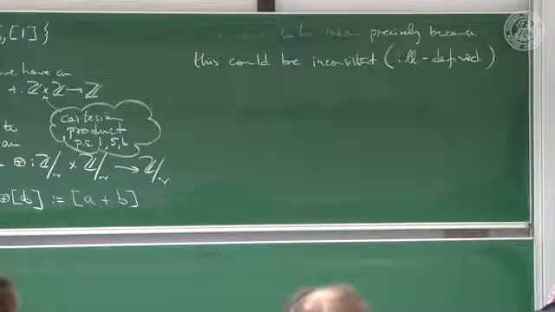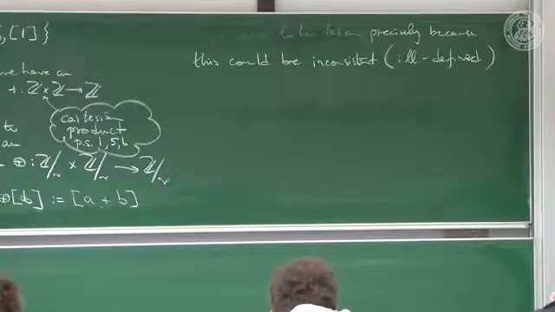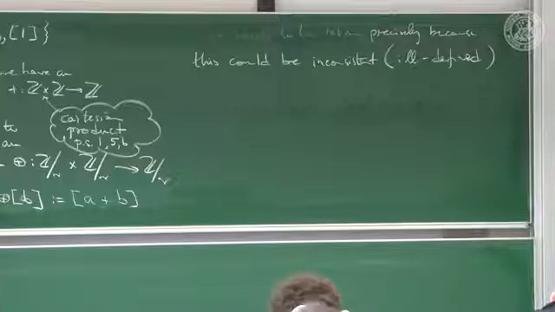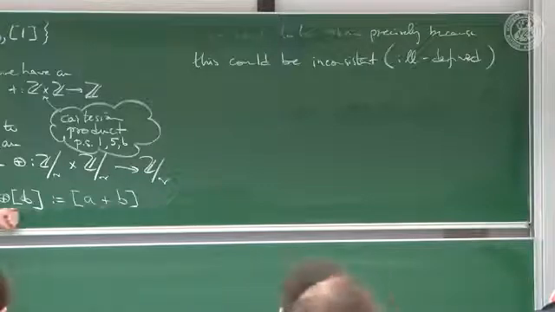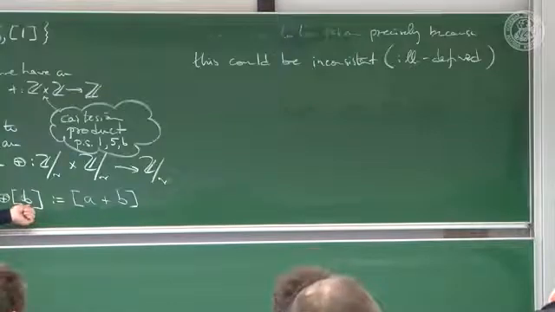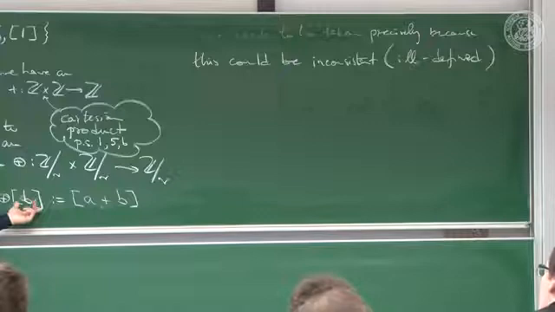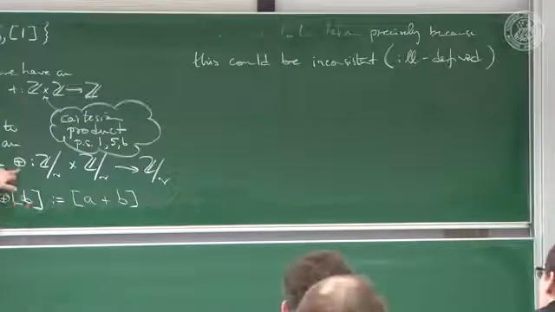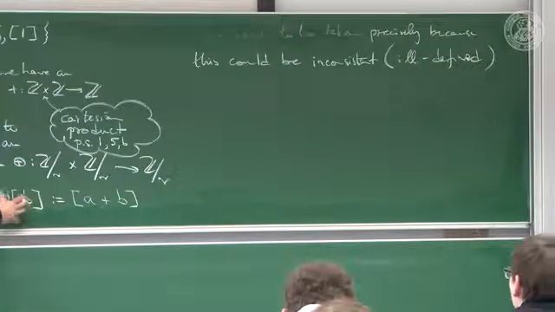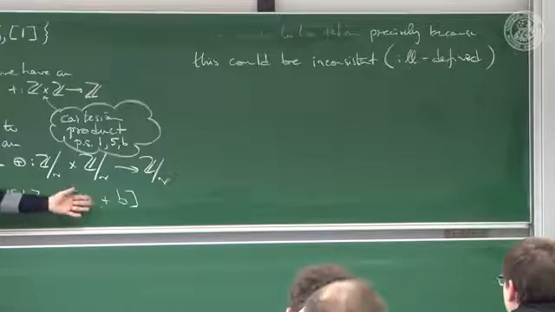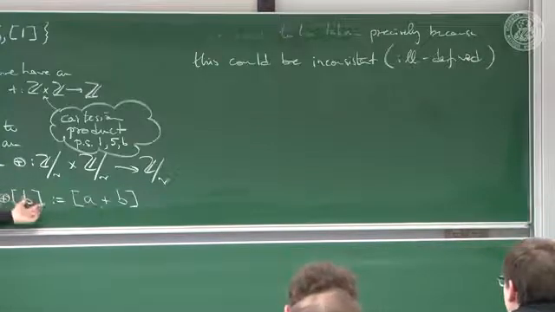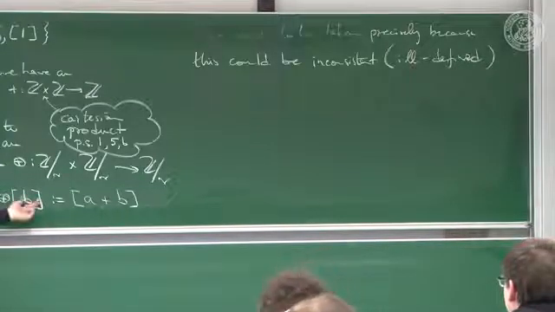Could be inconsistent, because imagine the following happens. Imagine you take a different representative for the same class here, but you take a representative A prime, such that it's the same class. And you take a different representative B prime, such that the class of B prime is the same class as B. Then if this addition acts on the quotient set, it should yield the same result, because you use the same classes. You just chose to represent them differently.